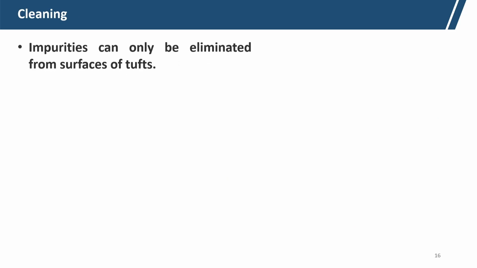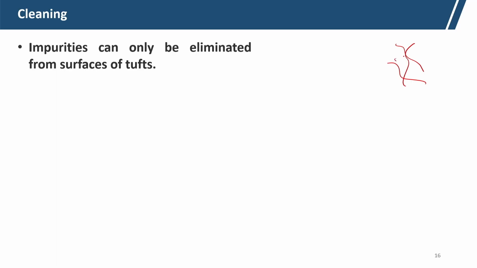One thing we should remember: the main function of blow room is not cleaning. Cleaning will automatically be achieved, because when we open the fibers, the foreign particles or trash entrapped within the fiber mass get released.